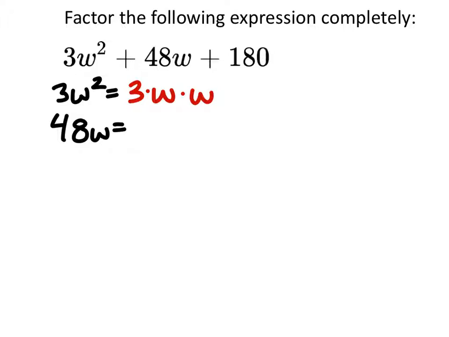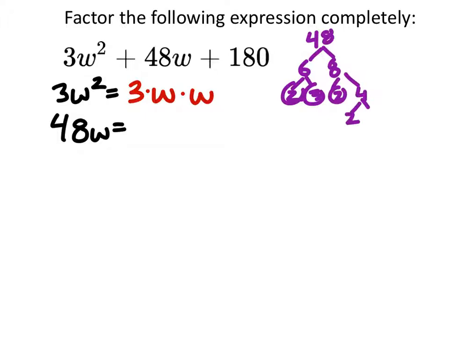Let's see, 6 and 8. So I'm going to split it up into 6 and 8. That's okay. So that's 2 and 3. And then 8 is 2 and 4, which is 2 and 2. So its prime factorization is 2 times 3 times 2 times 2 times 2. And then times the w.